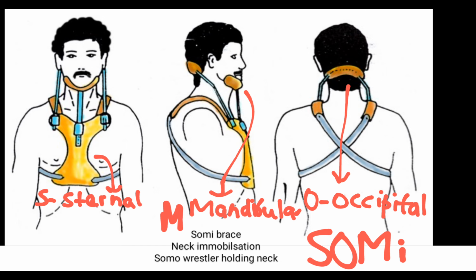Somi brace is used for neck immobilization. Imagine a sumo wrestler holding the neck. Somi: S stands for sternal, O stands for occipital and M stands for mandibular. So basically three immobilization points will be there in the brace: the sternal, the occipital and the mandibular.